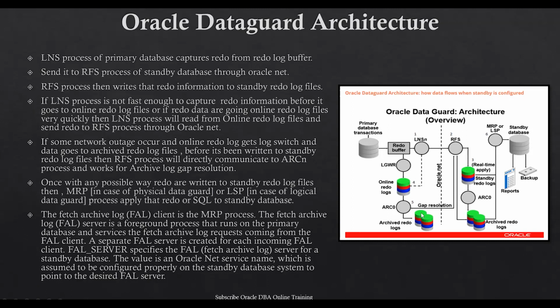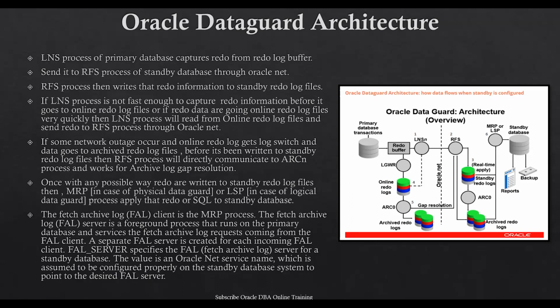The RFS process keeps trying to resolve the gap, and in between we have the Oracle Net connection. Using the network layer, we are transferring those archives, so it will depend upon your network as well. Okay. So this is the complete architecture diagram whenever you talk about Data Guard.